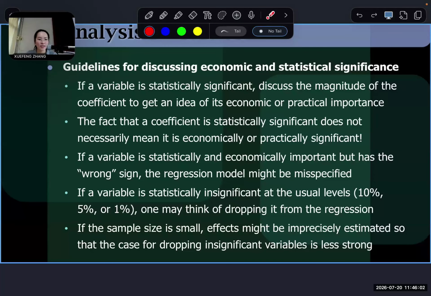Guidelines for discussing economic and statistical significance. Can you read by yourself and then I'm going to summarize for you?